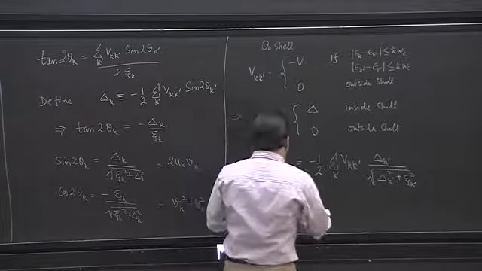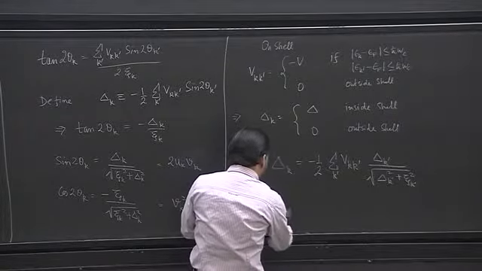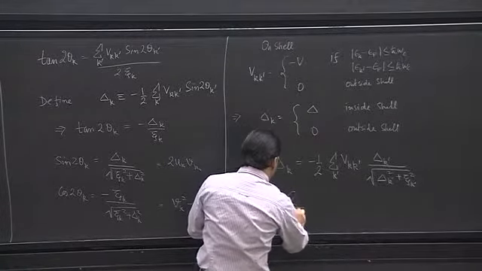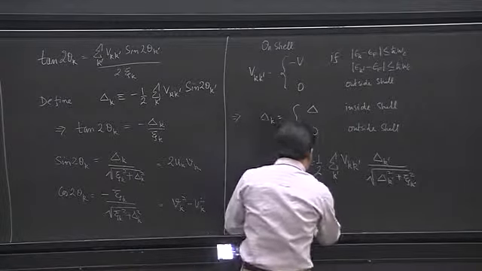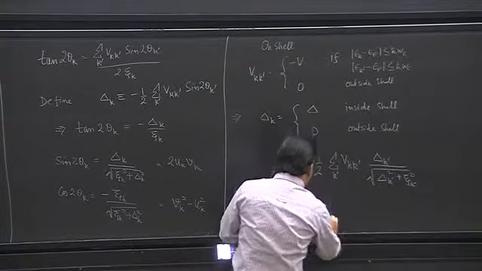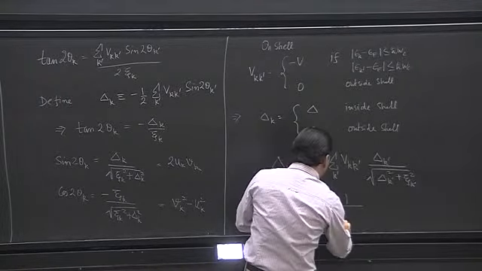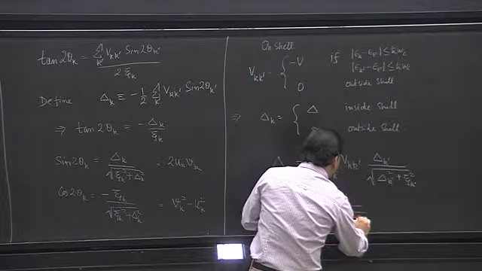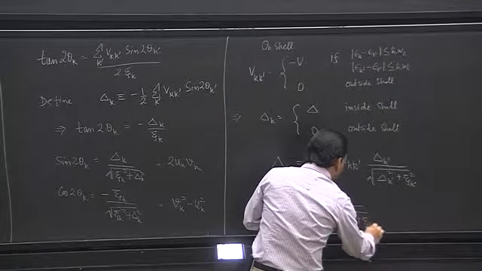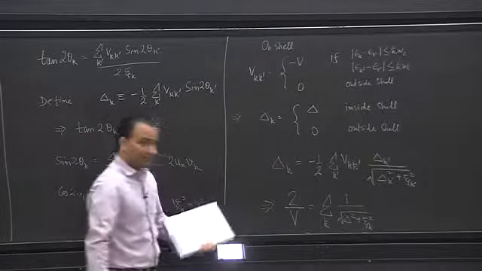So the equation that you will have is 2 divided by V is the sum over k of 1 over the square root of delta squared plus xi k squared.